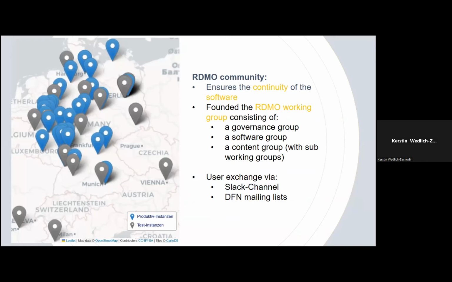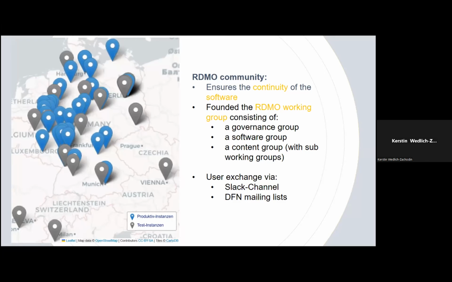And this also ensures the continuity of the software because we came together as a community. We founded a working group together, which consists of 3 different groups: a governance group who governs the group itself, a software group, which is responsible for the development, of course, and a content group.